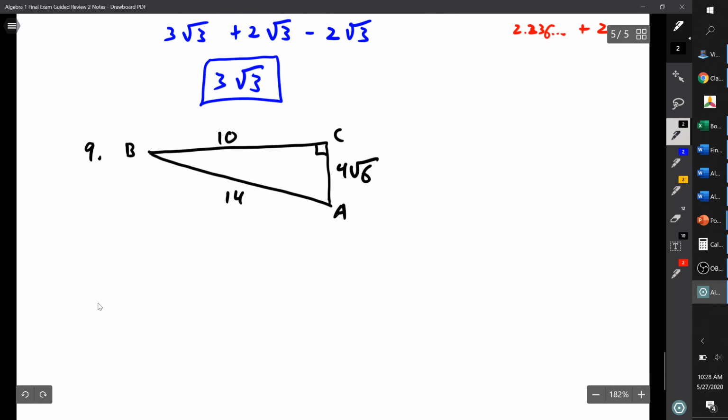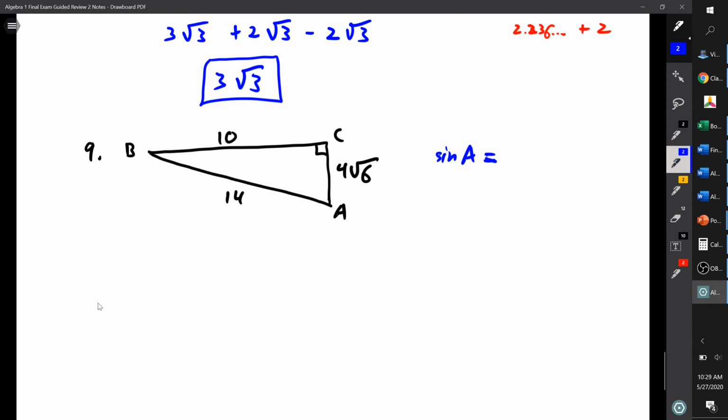And we want to find what the sine of angle A is, the cosine of angle A, and the tangent of angle A. So let's see. We can say sine of angle A equals. You must have sine, you must have what angle you are taking the sine of, and you must have equals. Do not write sine equals, or do not write sine A colon. Okay, sine of angle A equals something.